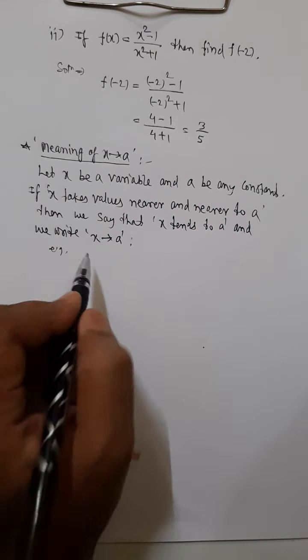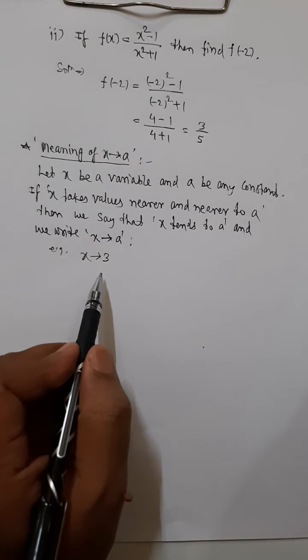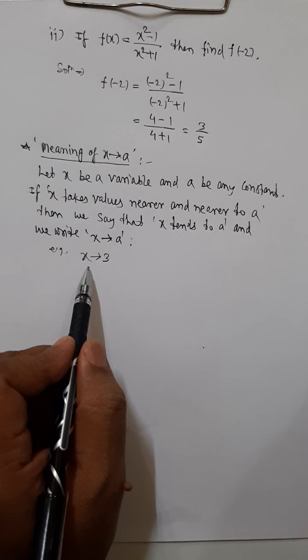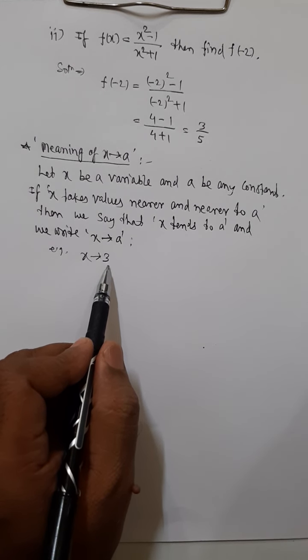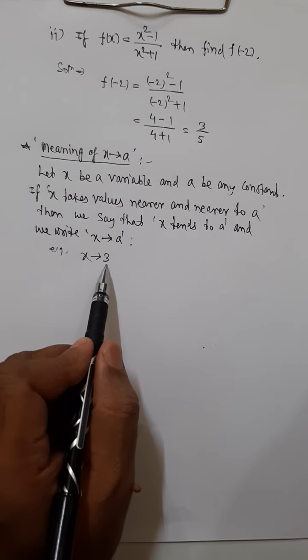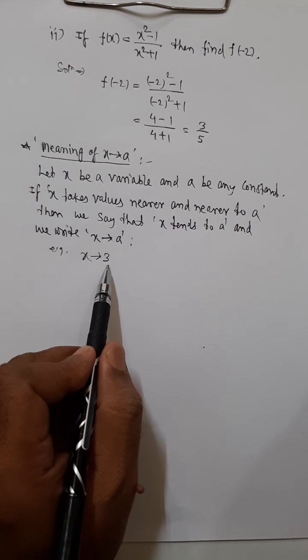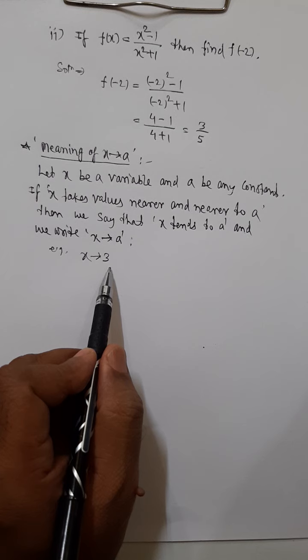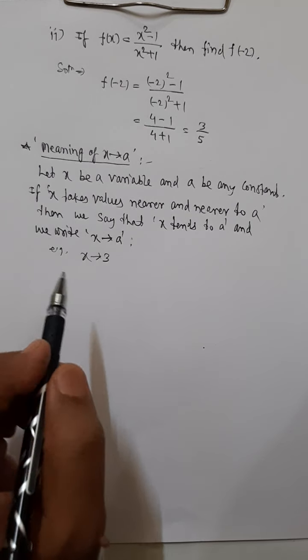For example, x tends to 3 means x takes values very near to 3 but not equal to 3. Meaning is that x is very close to 3, maybe 2.9999 and so on, or maybe 3.00001, very close to 3. That is the meaning of x tends to 3.